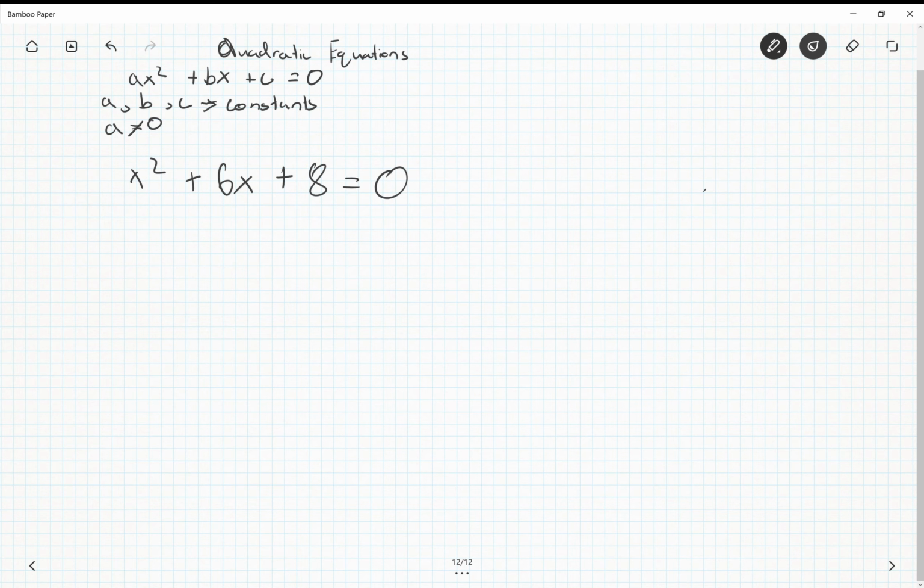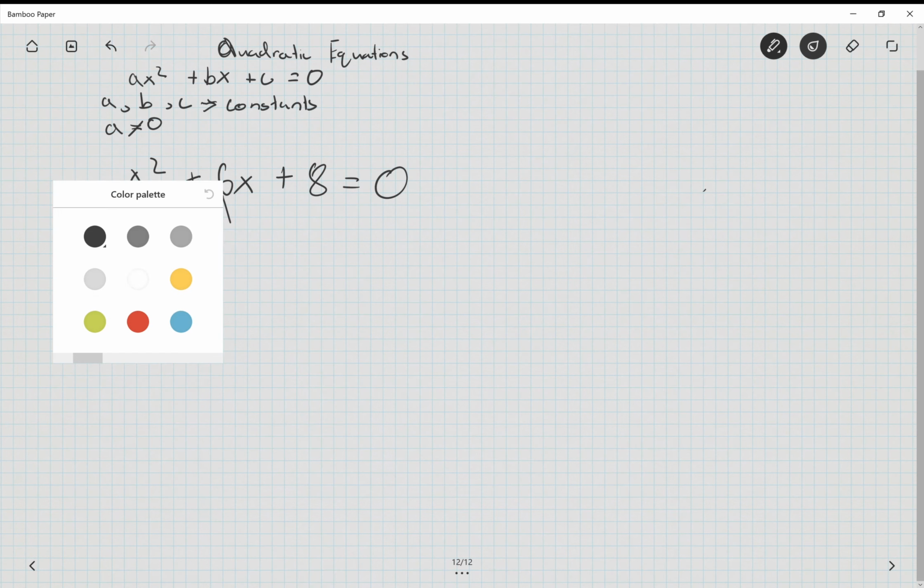So at the start we use the middle term factor law, so we have to break this 6 down into two terms in such a way that when you add them it equals 6, and when you multiply them that equals 8. Once again, the quickest way we can find the multiples of 8, and that would be 8 and 1. Well, 8 plus 1 does not equal 6, it equals 9. 4 times 2, that does work. So 4 plus 2 is 6, so that means we have got our two terms.